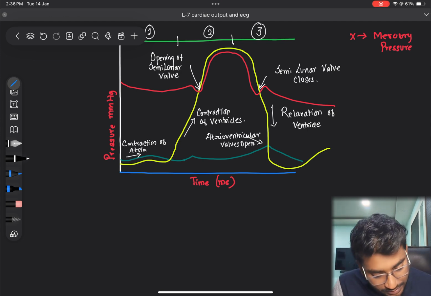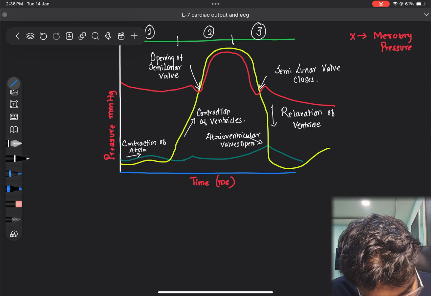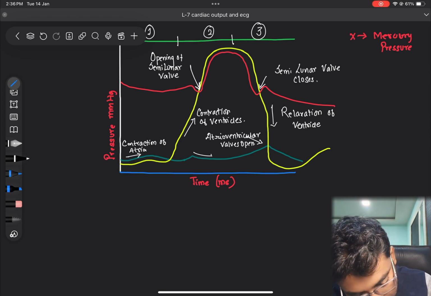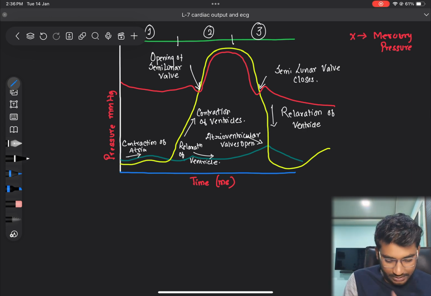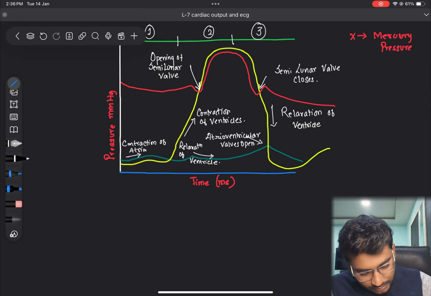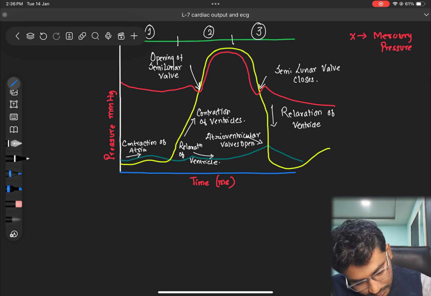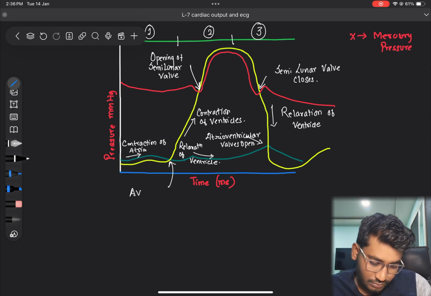Now here is the relaxation of the ventricle. What happens here? The AV valve closes.